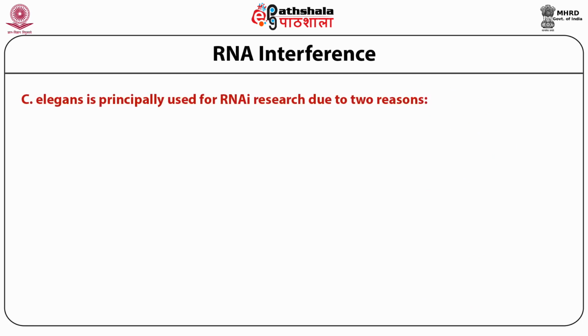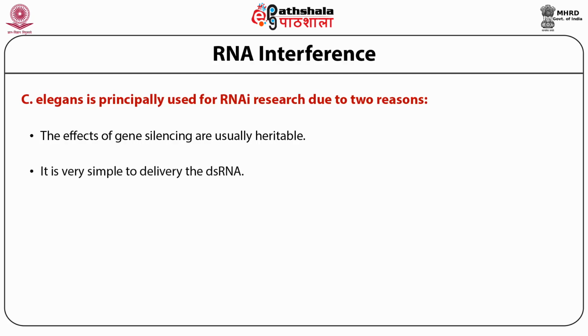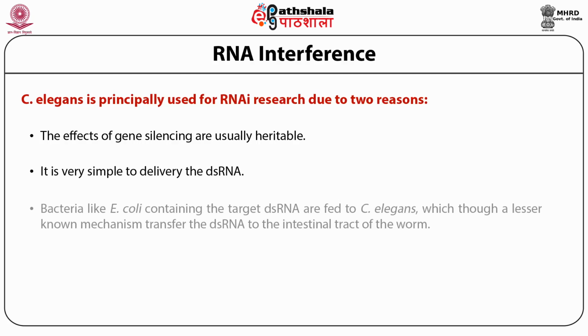C. elegans is principally used for RNA interference research due to two reasons. First, the effects of gene silencing are usually heritable. Secondly, it is very simple to deliver the double-stranded RNA to this organism. Bacteria like E. coli containing the target double-stranded RNA are fed to C. elegans, which through a lesser known mechanism transfer the double-stranded RNA to the intestinal tract of the worm.